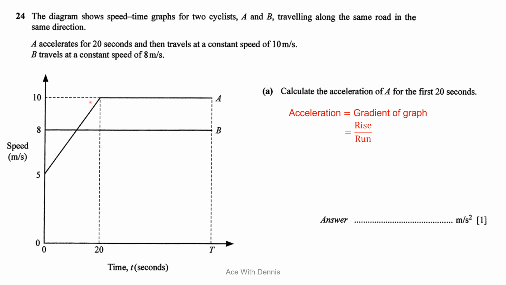The gradient is the rise over the run. So this is the rise and this is the run. The rise will be 10 minus 5 and the run will be 20 minus 0. So we calculate the value is 0.25 meters per second squared. Hence 0.25 meters per second squared is the answer.